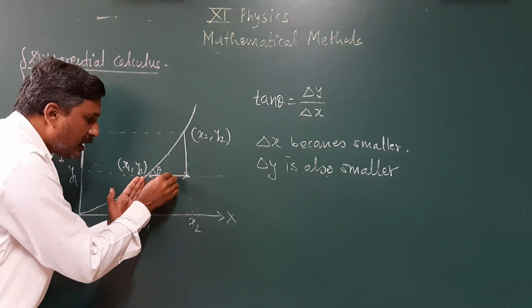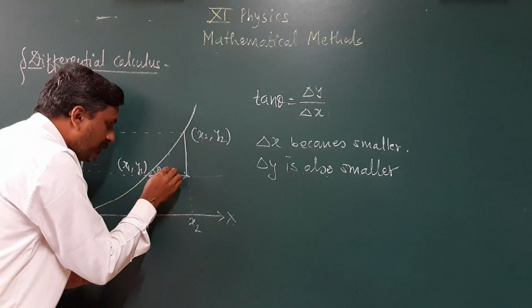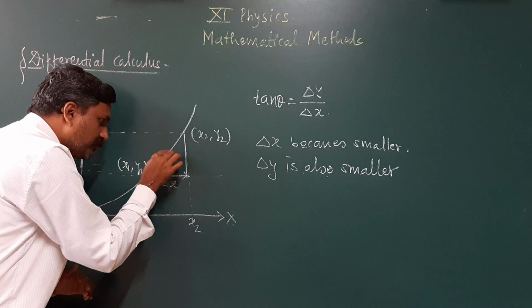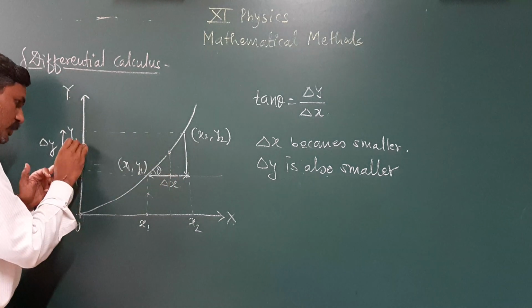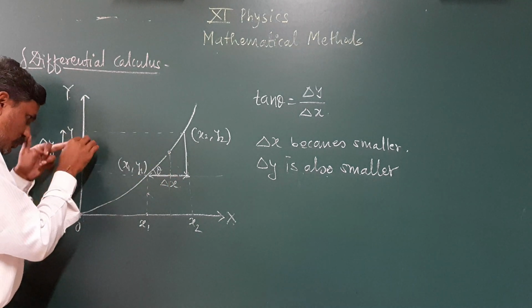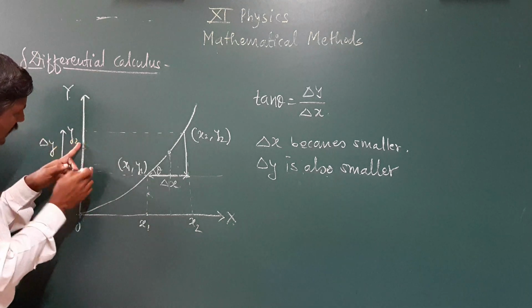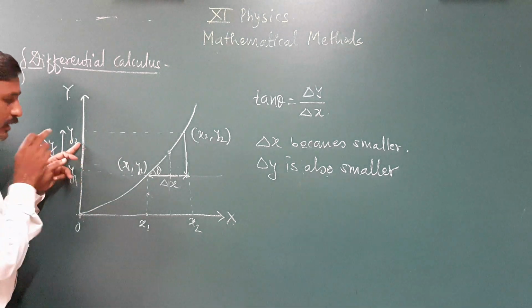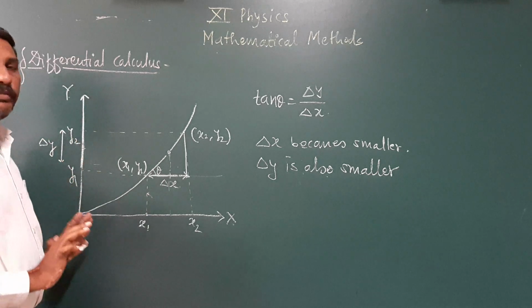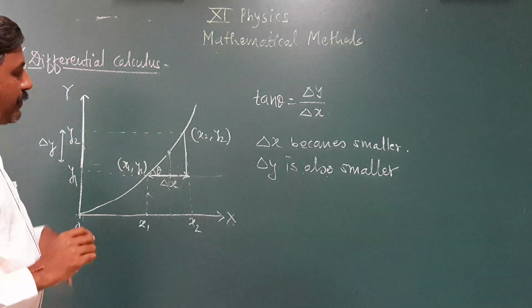Therefore, as delta x becomes smaller, its corresponding y2 also moves towards the origin, and y2 minus y1 means my delta y. So delta y also becomes smaller.